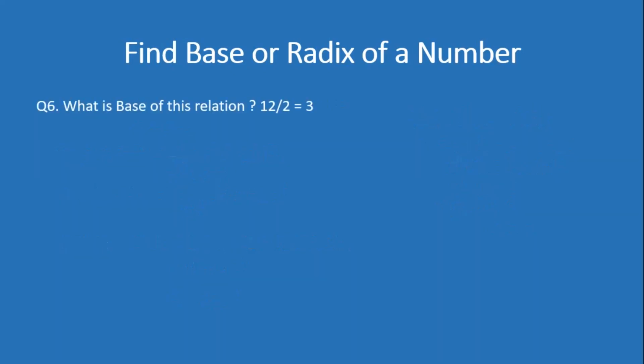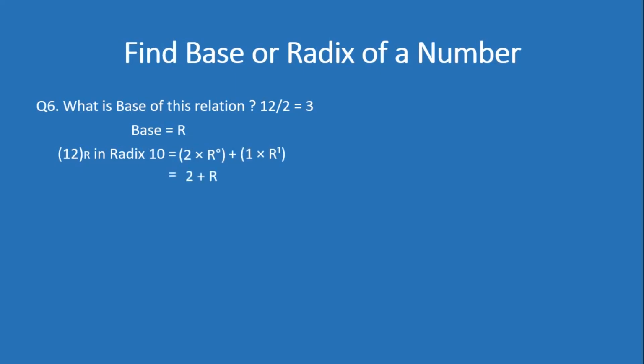Now the next question. Here also a relation, 12 divided by 2 equal to 3, and all those numbers are in any particular base. So again we assume the base is r. So 12 in radix 10 will be 2 into r to the power 0 plus 1 into r to the power 1.